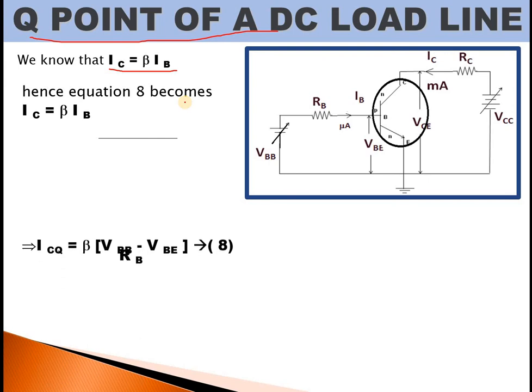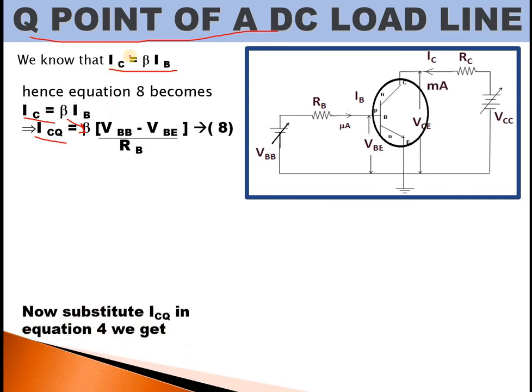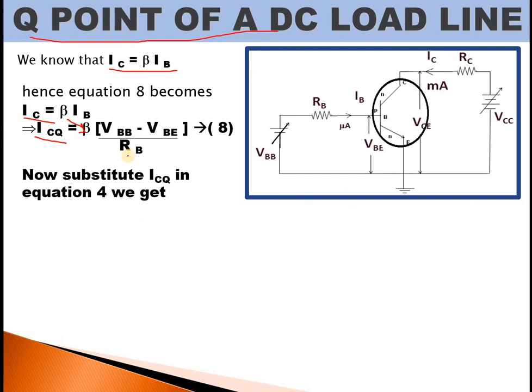So substitute those values. Instead of IC, I will now write ICQ is equal to beta times IB, and IB was VBB minus VBE by RB. This is ICQ. Whereas the equation we took, VCEQ is equal to VCC minus ICQ RC.